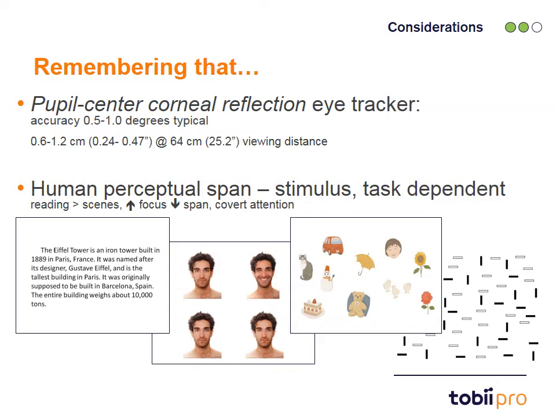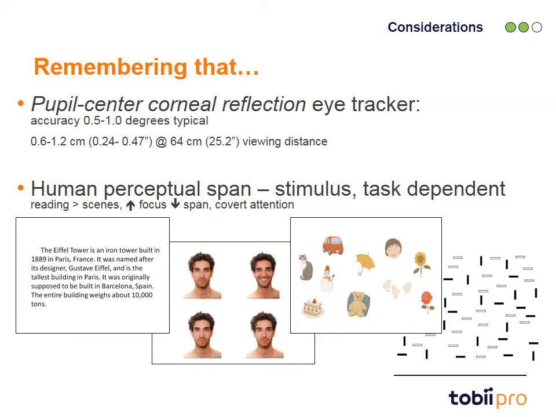So, for example, two things that come to mind immediately are that the pupil center corneal reflection technique that Tobii eye trackers and many eye tracking systems employ has a typical accuracy of 1/2 to 1 degree in a real setting. Okay? And what that means is 0.6 to 1.2 centimeters, or 1 degree of accuracy, at a distance of about 25 inches. So that's really your touchstone for 1/2 to 1 degree of typical accuracy at distance.